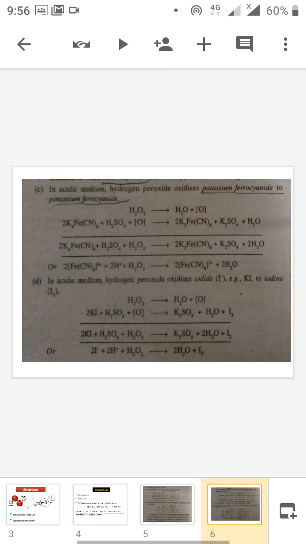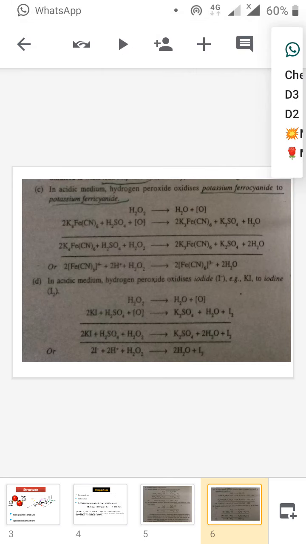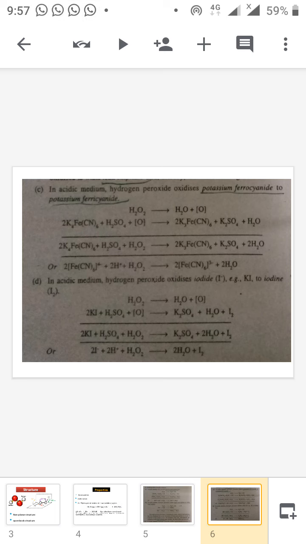The next example is the conversion of potassium ferrocyanide to potassium ferricyanide. The first step is common. This nascent oxygen reacts with potassium ferrocyanide and we will get potassium ferricyanide. This is the equation: the only change is K4Fe(CN)6 converted into K3Fe(CN)6.